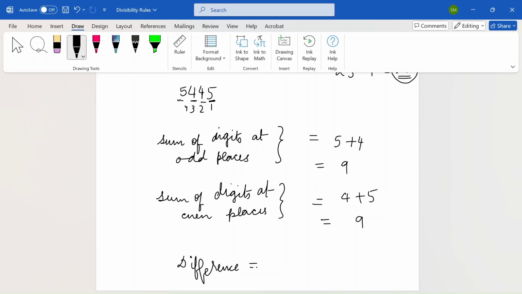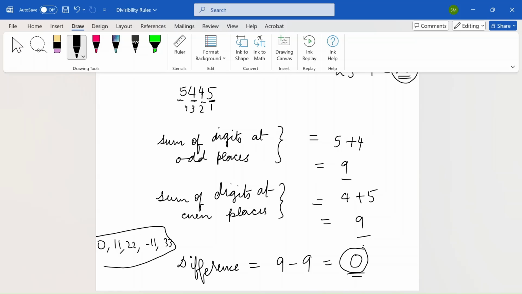Difference equals this minus this: 9 minus 9, which is equal to 0. So what do we check? If this number is either 0 or divisible by 11, it may be 11, 22, minus 11, 33, anything. 11 zeros are 0. So as we have got 0, this entire number 5445 is divisible by 11. I hope it is clear.